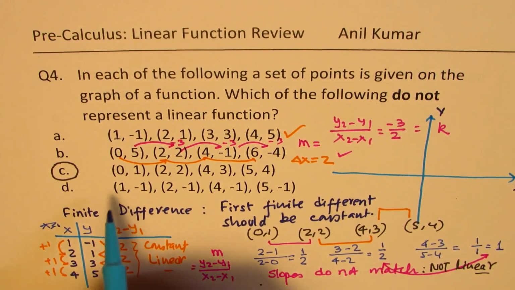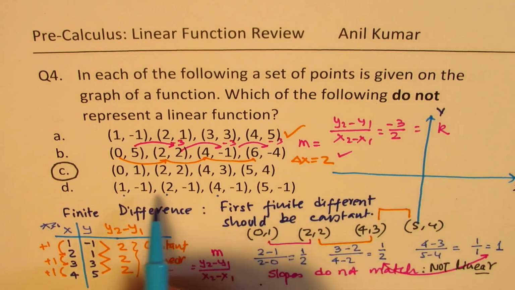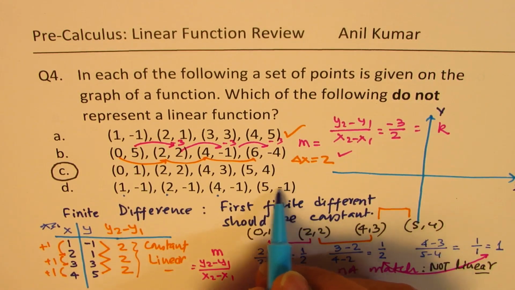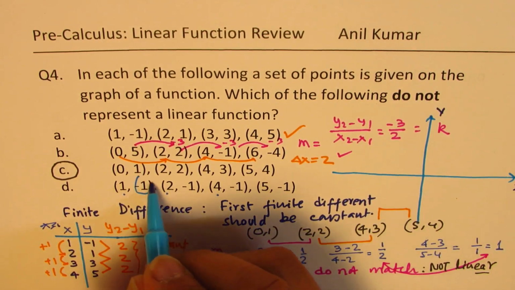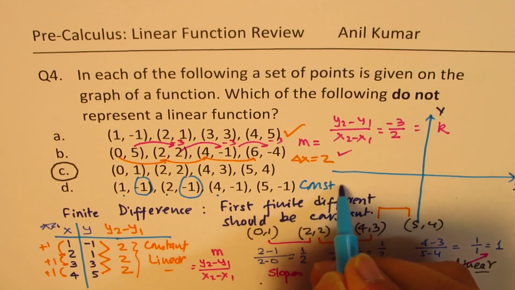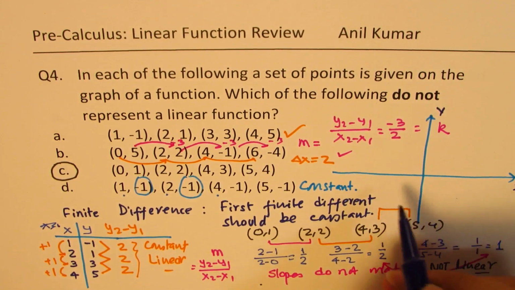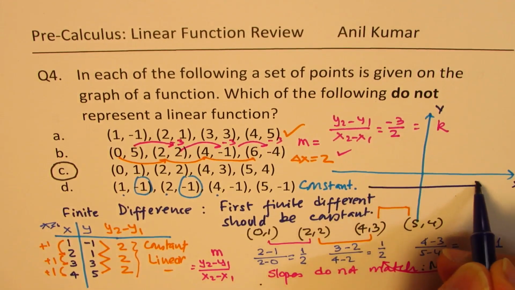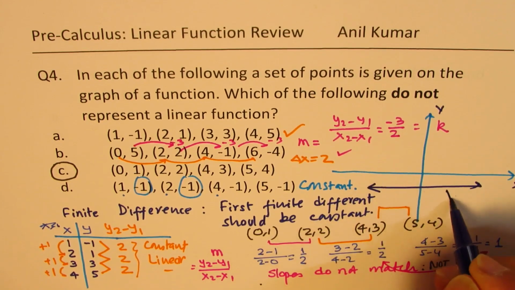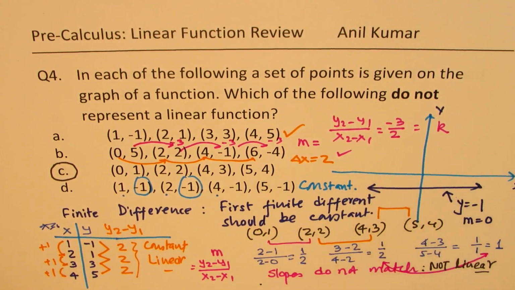Here, for different x values, we have the same y value: minus 1, minus 1, minus 1. So it is constant, which is minus 1. The graph will look like a horizontal line. The line equation is y equals minus 1, m equals 0, and this is a constant function.